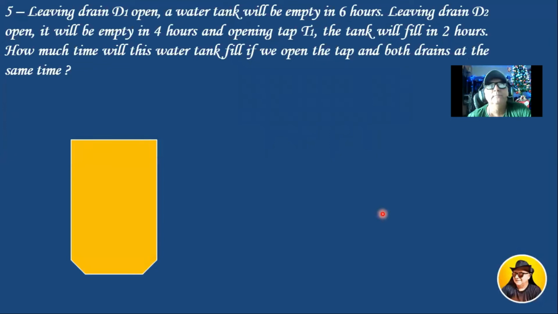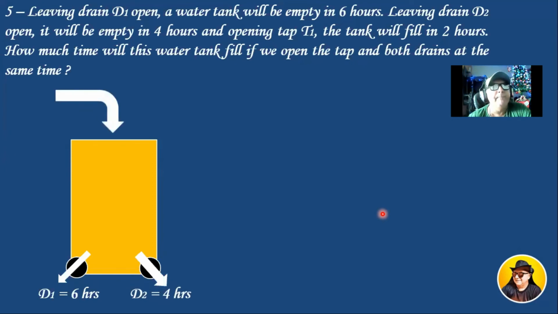Let's see the water tank. Okay, there is a drain on the left and another drain on the right. Okay, they are different in size. You can see D1 is different from D2, drain 2, and there is a tap.